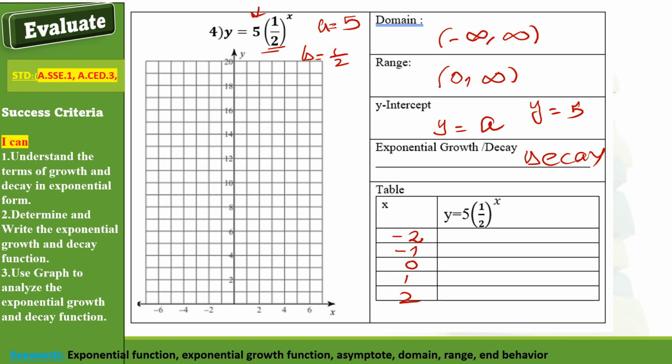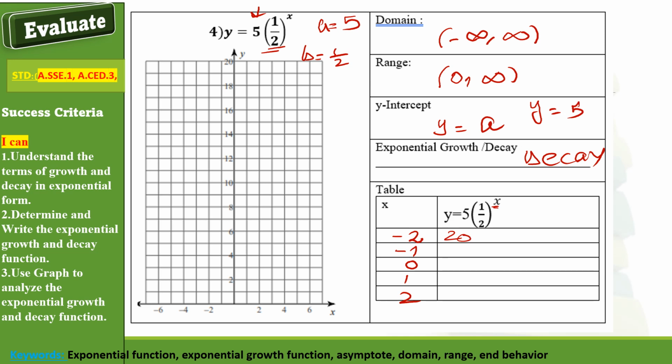Now when you are doing this in the exam, please show the work clearly so that there are no chances of marks deduction. So the value is -2. When we put -2 in place of x, we get 20.